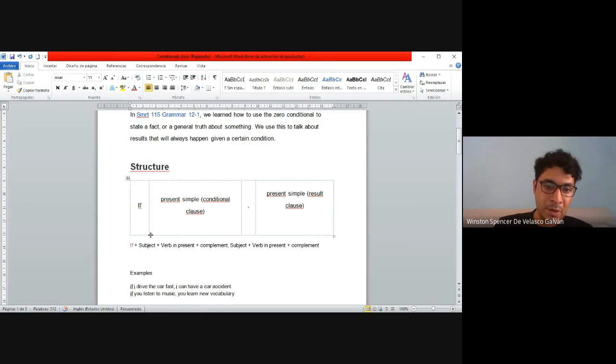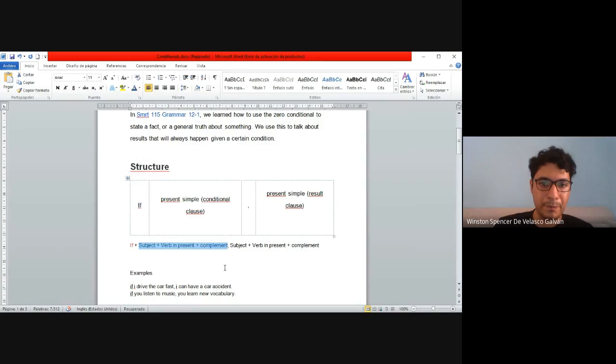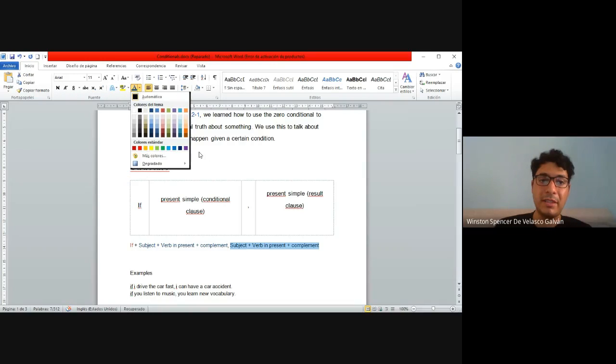Then, to make a simple present sentence, we need a subject, we need a verb in present, and we need a complement. This one, I'm going to highlight in a different color, blue. And after the sentence, you need to add a comma, the comma that is necessary to add all the time. And after that, one more time, you're going to write a sentence in simple present.